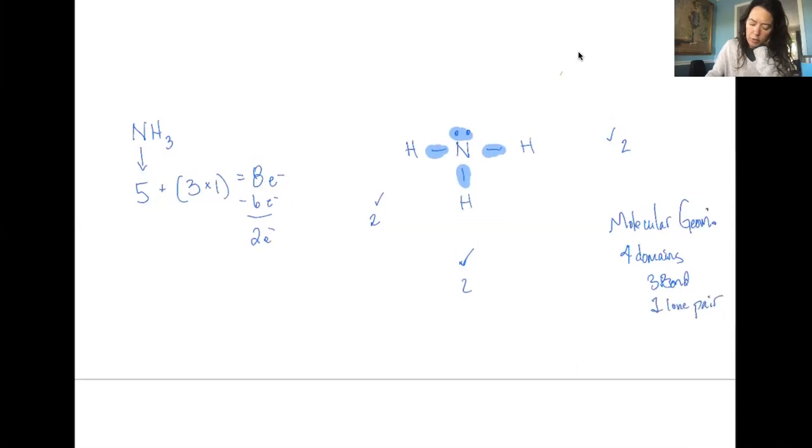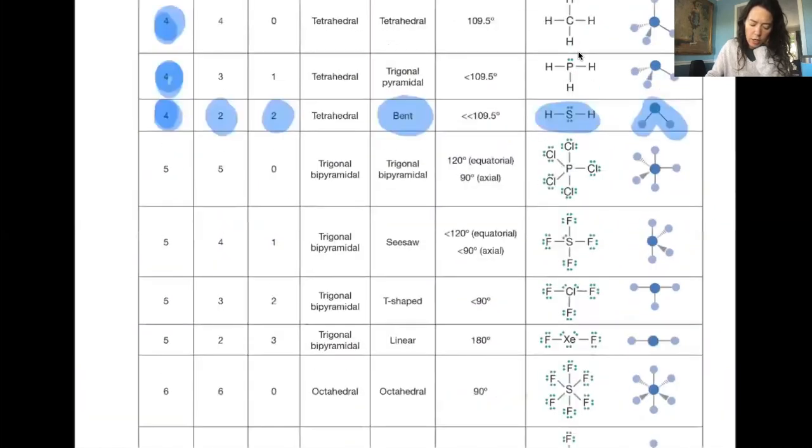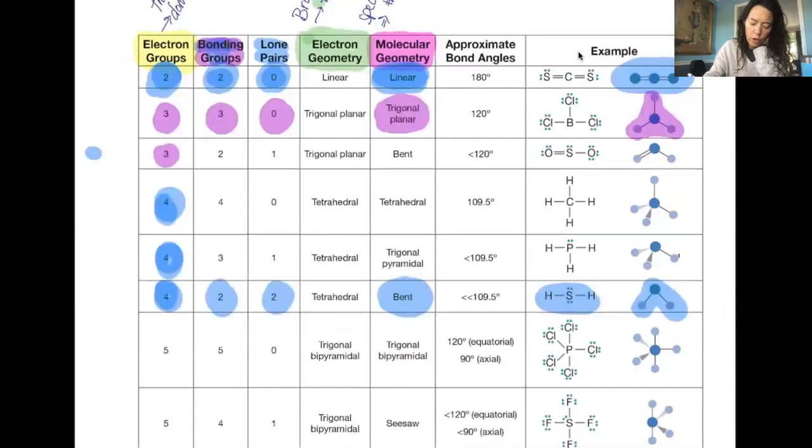So let's go look at our molecular geometry chart. We have the 4 domains, so we know that we're either here, here, or here. We had 3 bonding, 1 non-bonding. That makes us trigonal pyramidal.